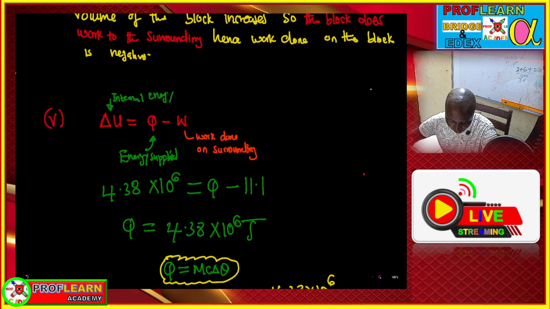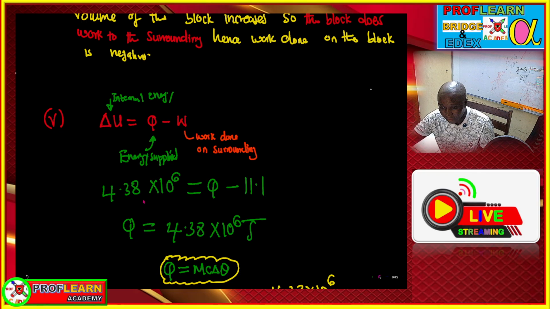Now, using the first law of thermodynamics, we know that the change in internal energy is equal to the energy supplied minus the work done on the surrounding. We have the work done on the surrounding, which is 11.1. Don't get confused and start using a negative here, because this W is the work done on the surrounding, and that is positive work, so you substitute it here.